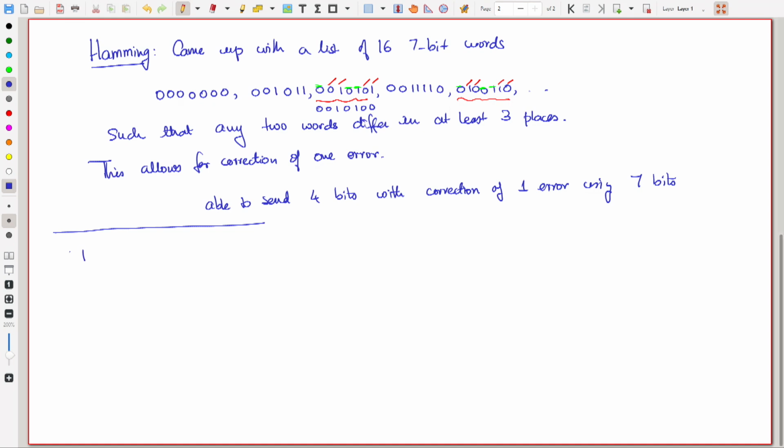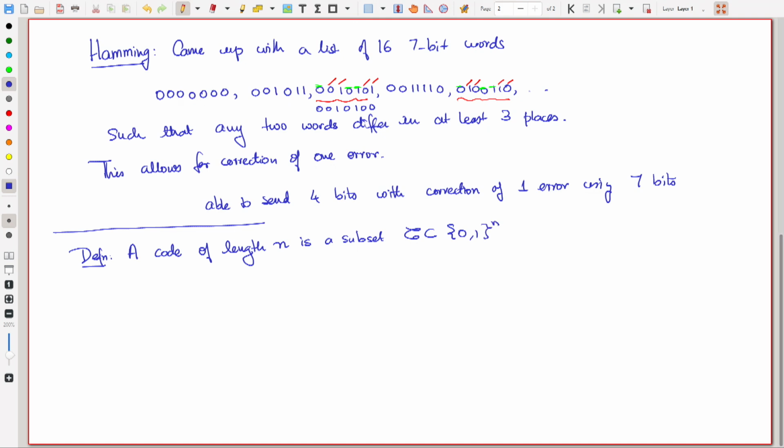So, definition: a code of length n is any subset C of 0 1 to the n.